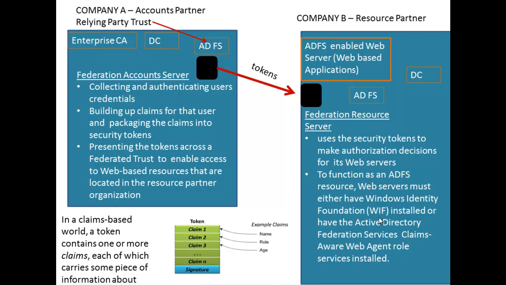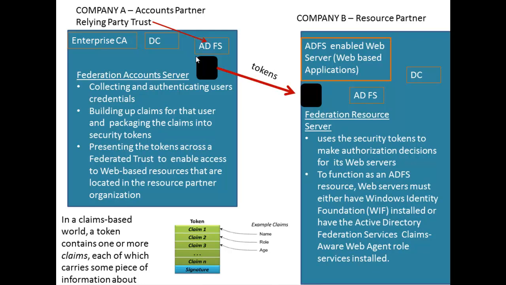On the left, we have Company A. We refer to Company A as the accounts partner. Company A is the company that is going to perform the authentication of the user. Within Company A, we have an enterprise certificate server, a domain controller, and an Active Directory Federation server.